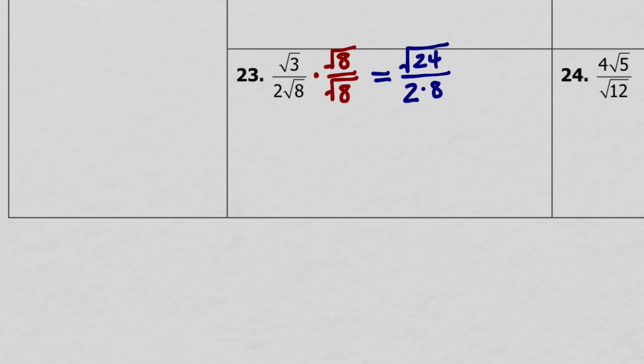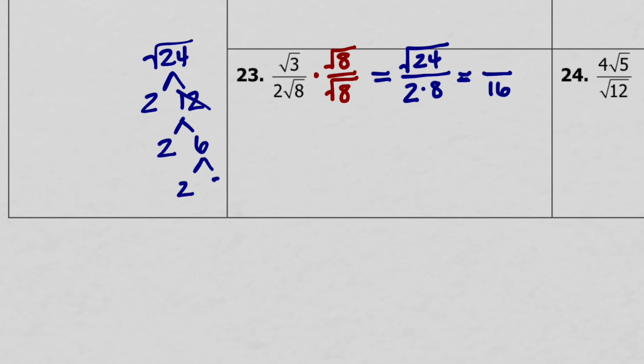All right, so I'm going to simplify some things. In my denominator, I'm going to have 2 times 8, which is 16. But in the numerator, let's simplify that square root of 24. Okay, so that's 2 times 12. 12 is 2 times 6. 6 is 2 times 3.